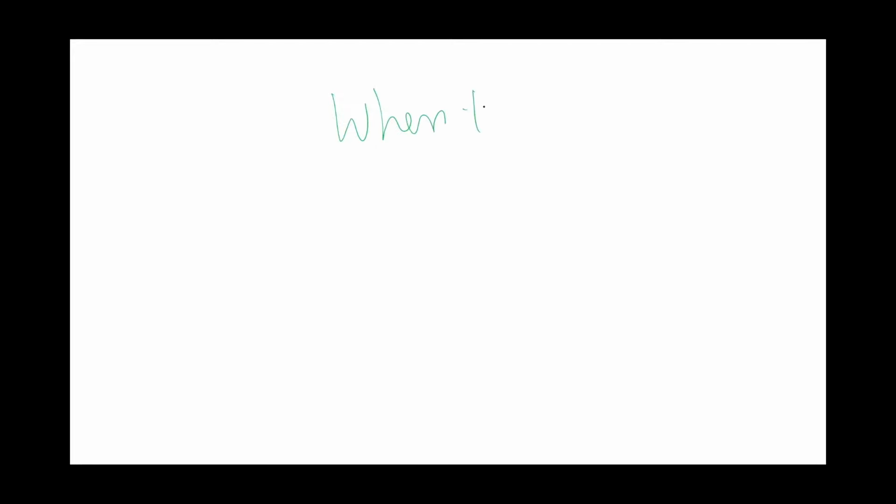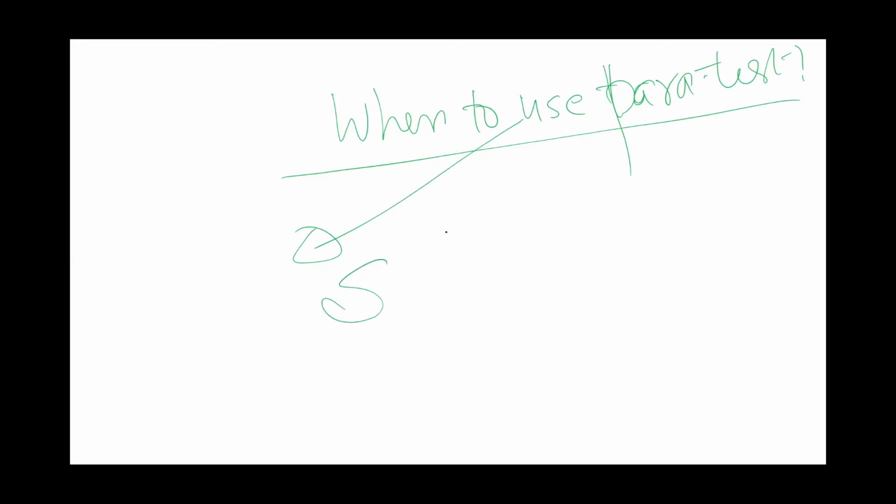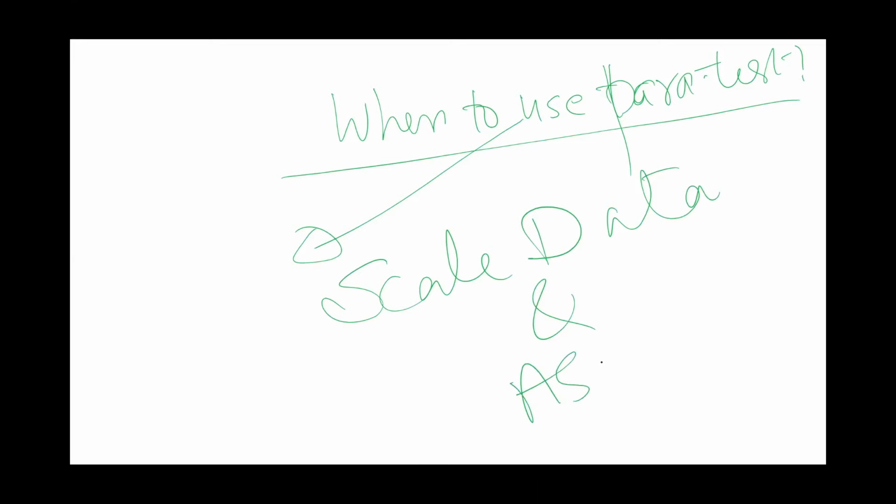To use a parametric test, we have to use it when the data is scale data and the assumptions of that particular test are satisfied. If the data is not scale, you cannot use a parametric test.